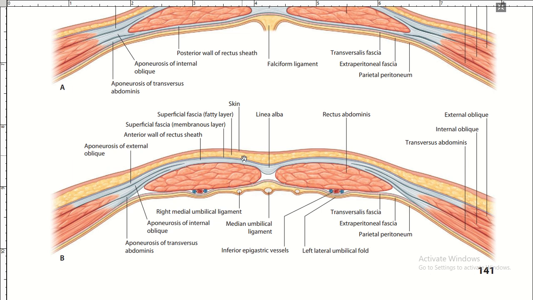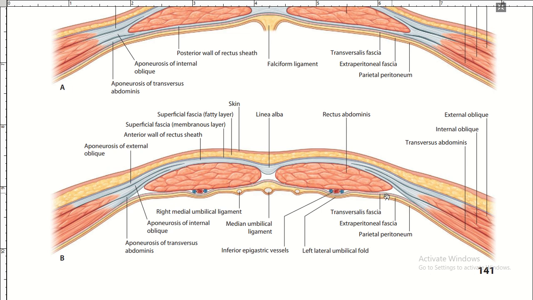But in the posterior, you're not going to find the rectus sheath wall, but rather you're going to have the transversalis muscle.